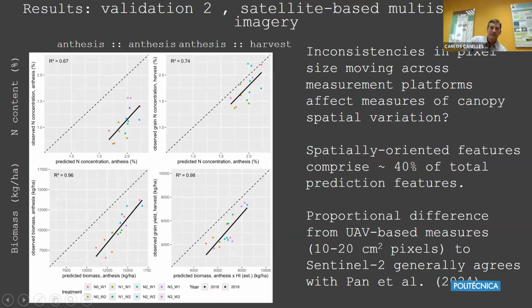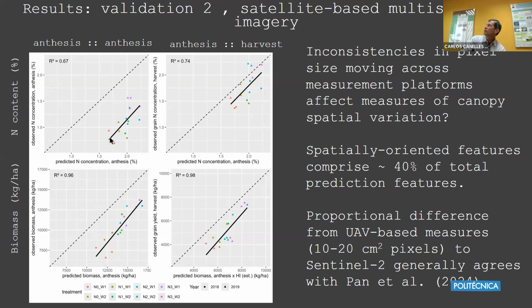So this is some of the other data that you all collected, where on the x-axis are the predictions from Sentinel for nitrogen concentration or for biomass. And on the y-axis, this was a direct comparison at anthesis or a direct comparison at harvest. And for the biomass prediction, I just used a book value for a harvest index to correct to yield.